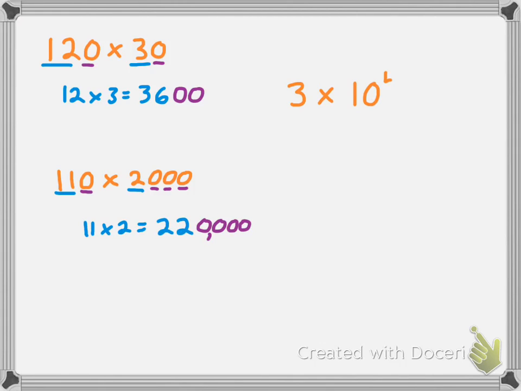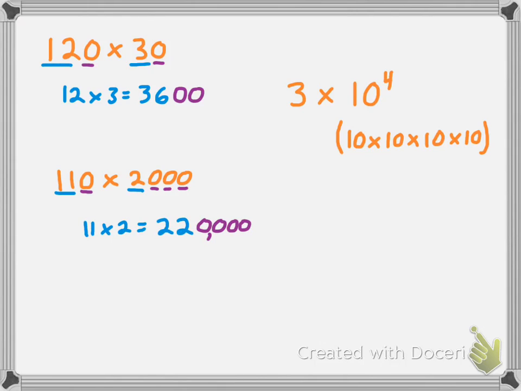Let's look at some exponents. 3 times 10 to the fourth. I know that the power of 4 means 10 times 10 times 10 times 10. But that power of 10, or that little 4, means how many zeros I'm going to have.